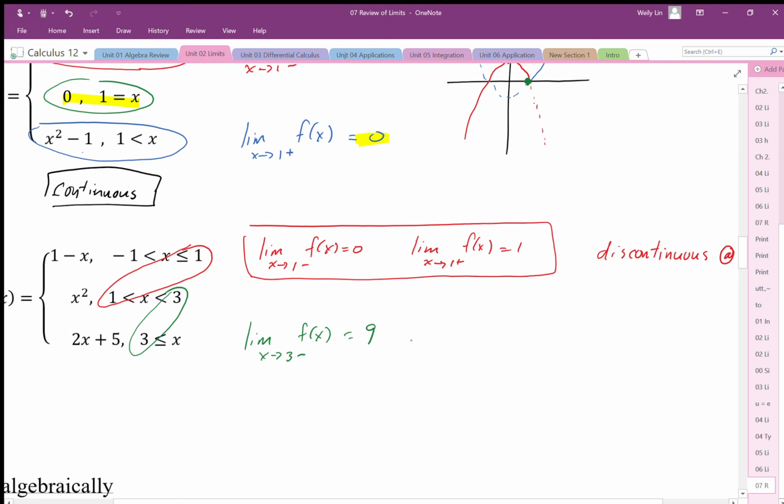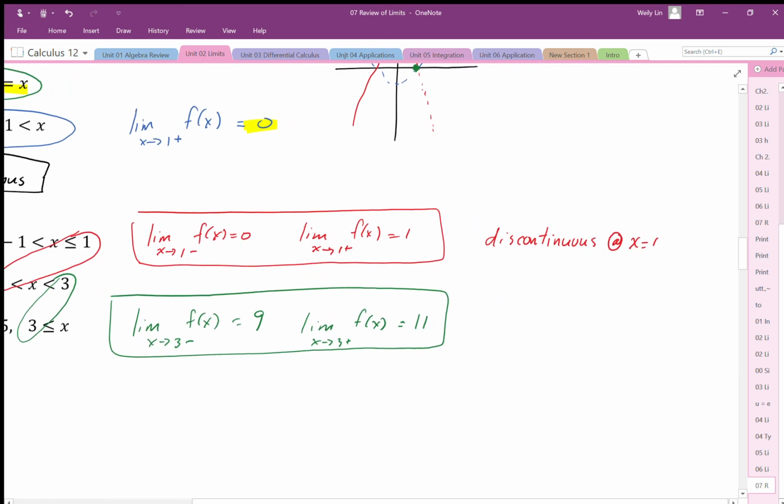So the limit as x approaches 3 from the positive side of f of x, when I plug in the 3, I'm going to get 6 plus 5. That's equal to 11. And again, because the two limits are not equal, we know that it is discontinuous at x equals 3.